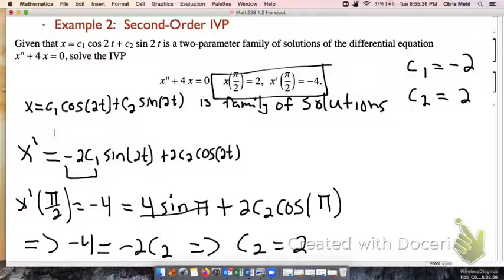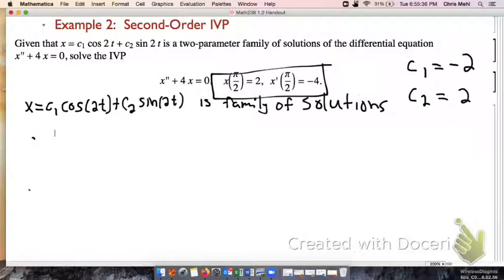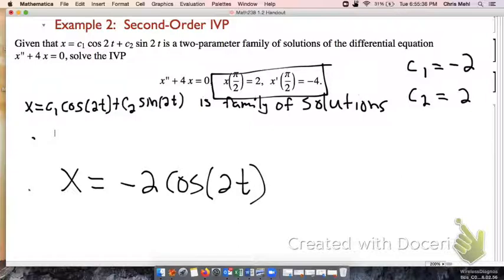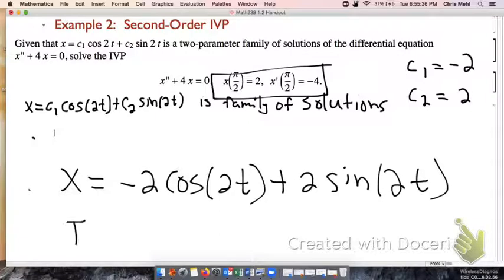So that means that the particular solution, or the solution to the initial value problem, would be x equals negative 2 cosine 2t plus 2 sine 2t.